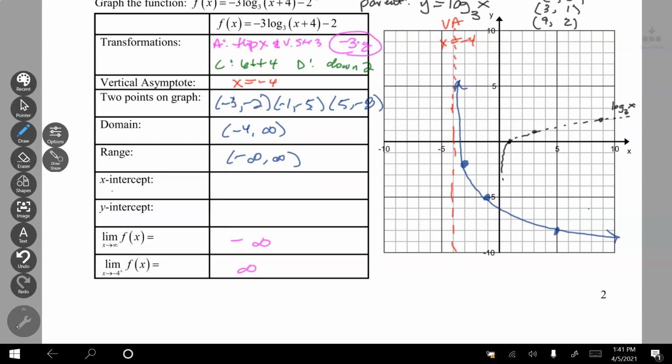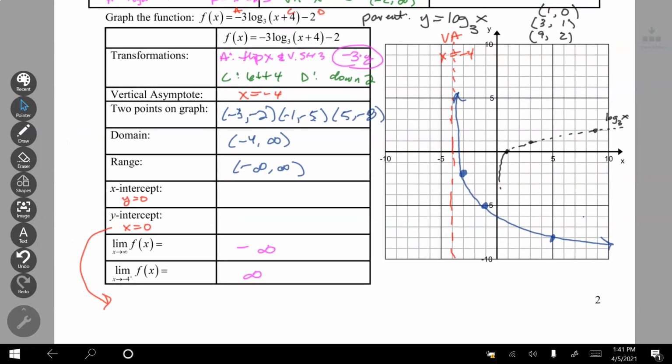When I want to find an x-intercept, I have to use y equals 0. And when I want to find a y-intercept, I use x equals 0. Well, I could do this one first. So I plug in 0 into this equation that's on the top here.